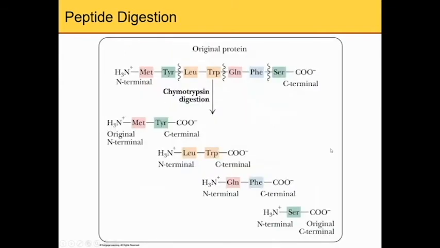And then you can also use chymotrypsin, right? Chymotrypsin cuts the same protein at the locations where you find the aromatic amino acids: tyrosine, tryptophan, phenylalanine. So here, we'll cut here, here, here. All right, and so you obtain these smaller peptides.